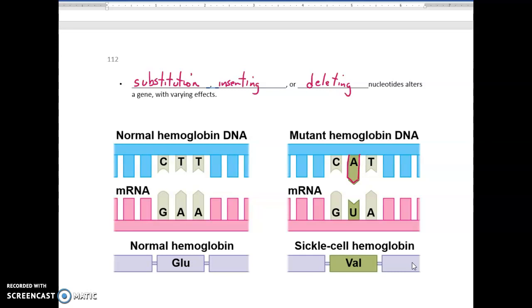That means that when you make your RNA for hemoglobin, instead of making a code that says GAA, which would give us glutamic acid, you get GUA, and GUA spells valine. And the result is that you have sickle cell hemoglobin, which gives those funny looking red blood cells that don't go through blood vessels very easily and cause all sorts of effects.